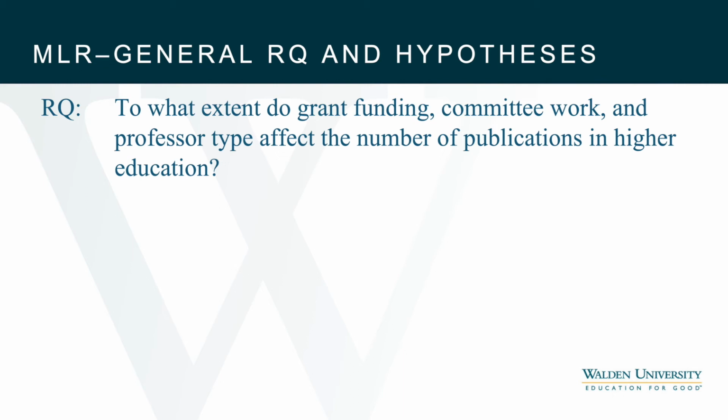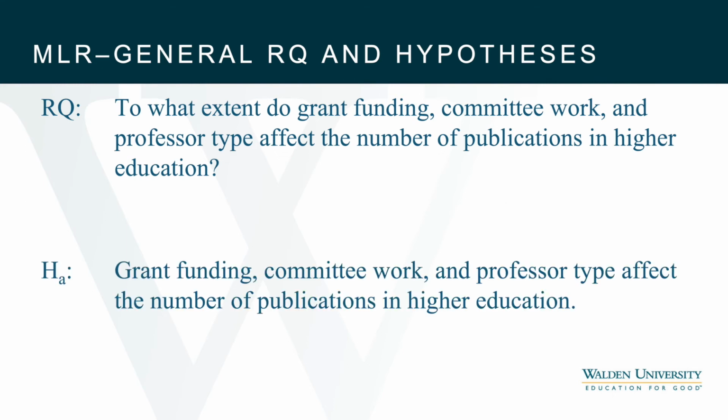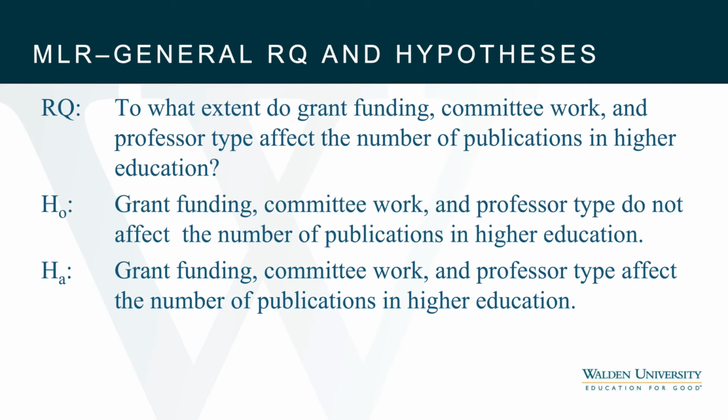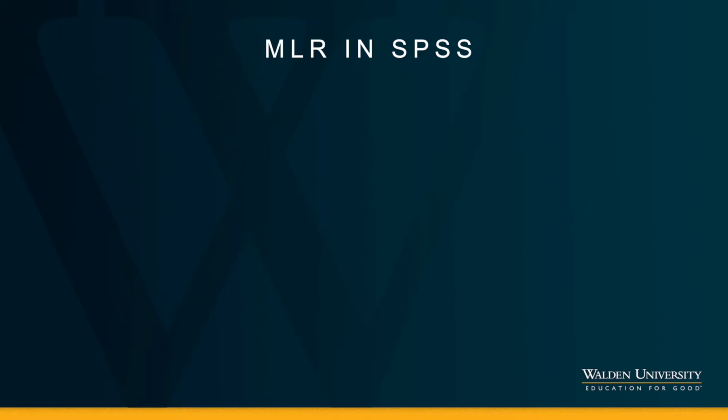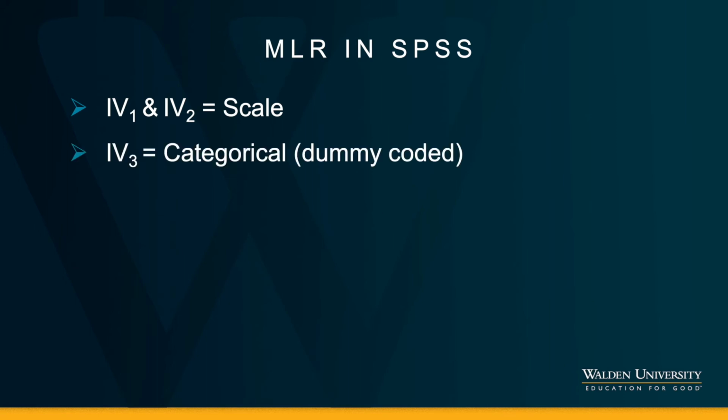But you can see here that I'm asking whether grant funding, committee work, and the professor type will affect the number of publications in higher ed. Of course, I've translated that into two hypotheses. The alternative hypothesis is stating what I'm hoping to find, and the null hypothesis denies that. So the setup of this multiple linear regression will show two independent variables that are scale, a third independent variable that is categorical, and a dependent variable that is scale.